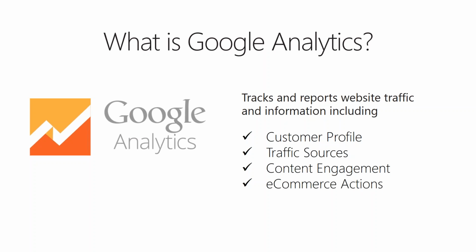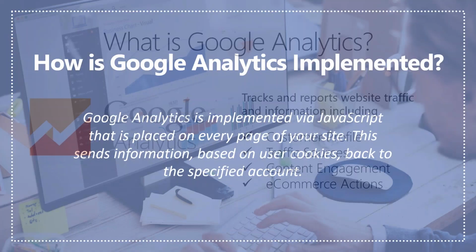Are they coming from your paid email campaigns? We have content engagement. So this is what pages they're interacting with, what pages they're landing on, what pages they're exiting on. And then we also have e-commerce actions. So are people engaging with your products, viewing them, adding them to the carts, and ultimately purchasing them?